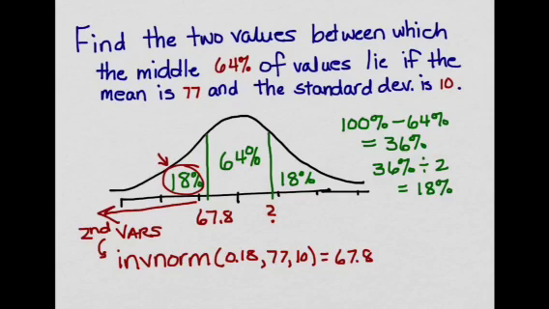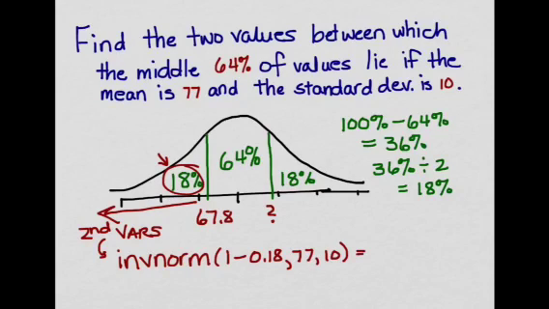And so what I'll do with this, again, I'm going to use the inverse norm function. And now I can do, let me draw that a little bit better, 1 minus 18%, comma 77, comma 10.